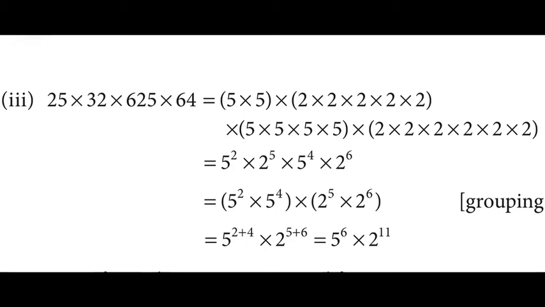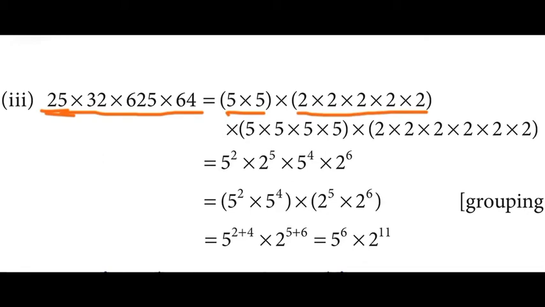Third subdivision, 25 into 32 into 625 into 64. I write 25 as 5 into 5. 32 is 2 multiplied 5 times, so 2 into 2 into 2 into 2 into 2.